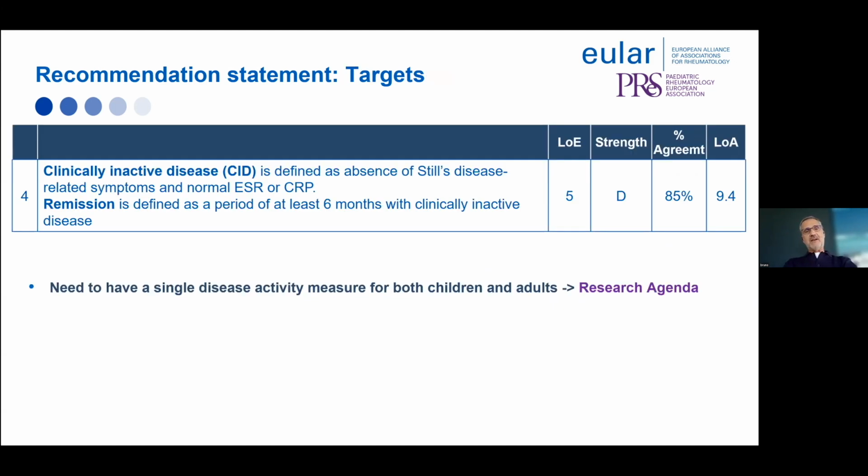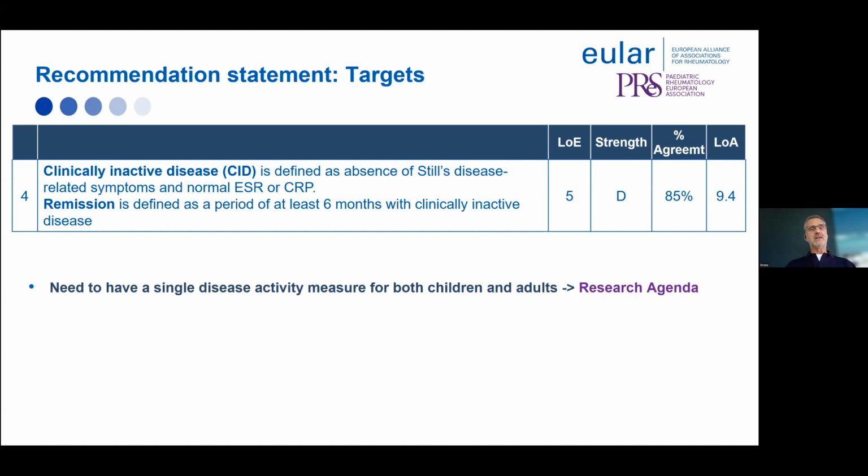When we have a patient in front of us, we have to identify the target we want to reach with the treatment. In daily practice we use some composite indices where we combine the patient global assessment or the parent global assessment, the number of joints involved, the level of CRP, the level of ferritin, and whether you have different symptoms of the disease. Here we don't have a unique tool for children or adults.